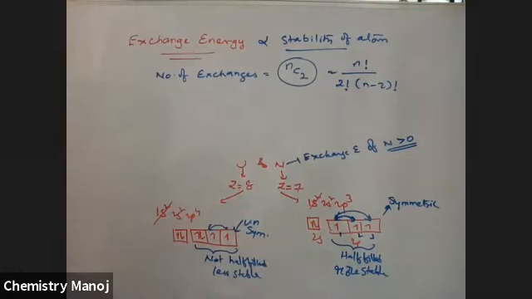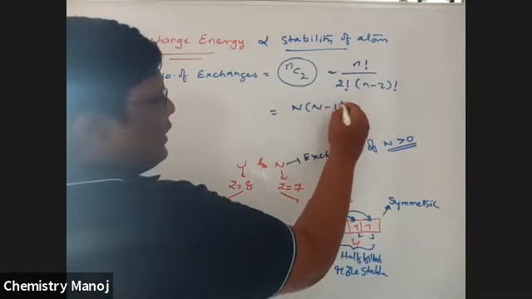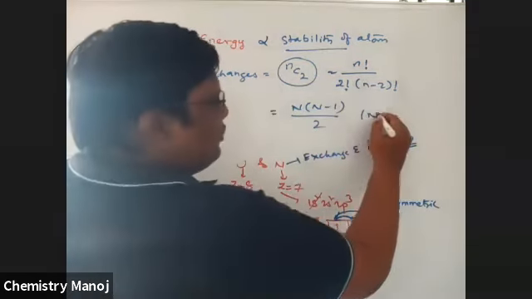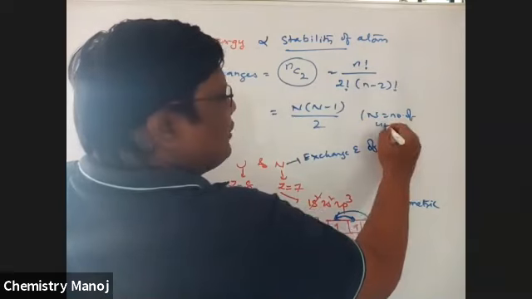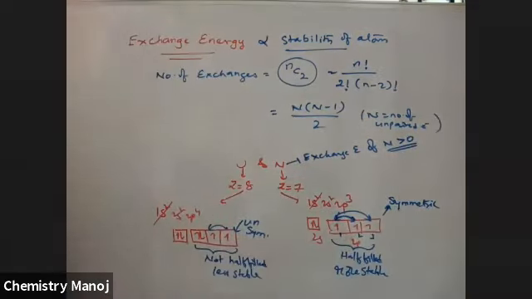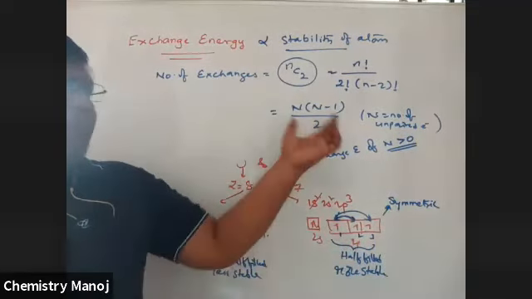Otherwise the formula is n into n minus 1 by 2. Here n is equal to the number of unpaired electrons. Any of these two formulae you can use for the number of exchanges.